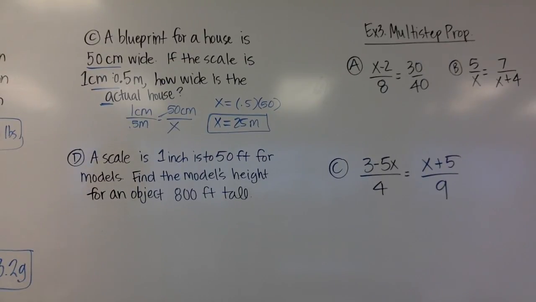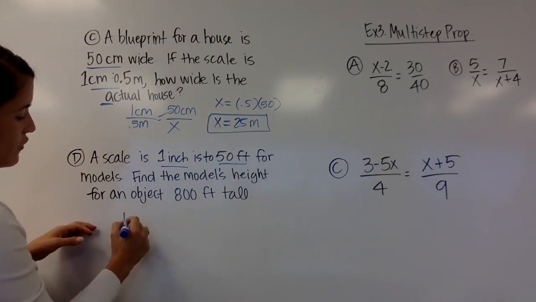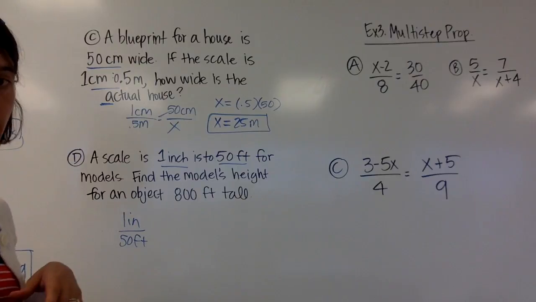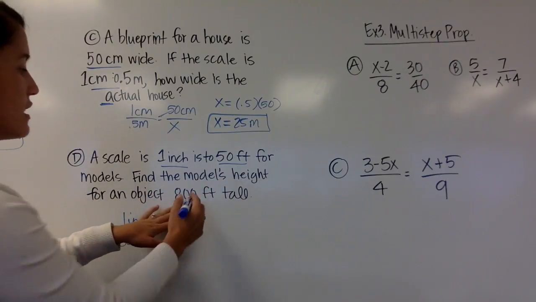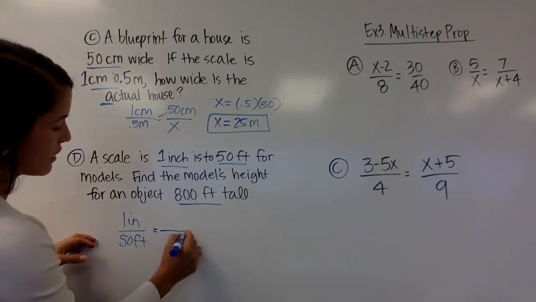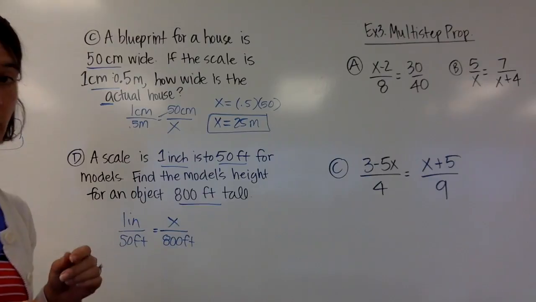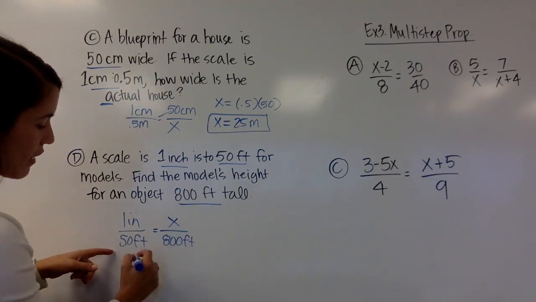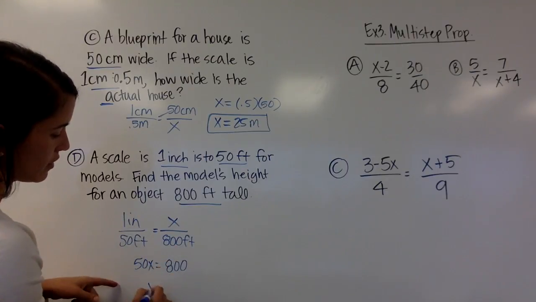Okay, so letter D, a scale is 1 inch is to 50 feet. Make sure you're writing all this down. For models, find the model's height for an object that is 800 feet. So 800 feet will go in the denominator, and we're looking for the model's height, so we need to look for inches. We're going to cross multiply 50x equals 800.